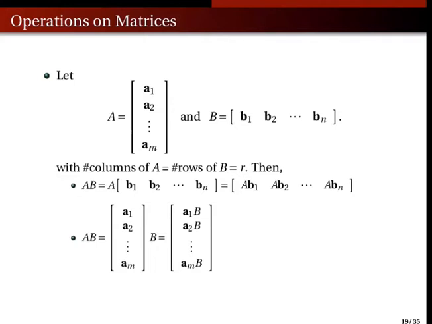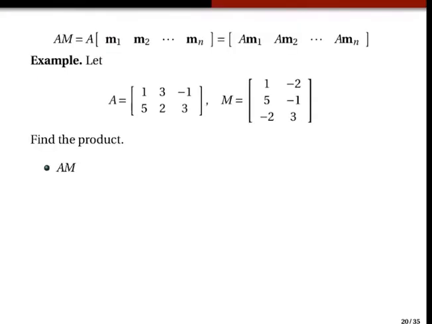Okay? So for example, let us use the same example as before, but this time let us do it this way. So you have your A, and then your M. Okay, your M, it's this guy.